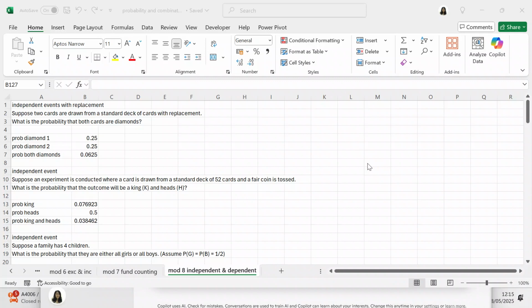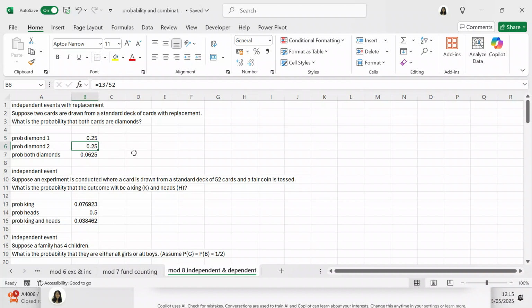So the first question we have is, suppose two cards are drawn from a standard deck of cards with replacement. What is the probability of both cards being diamonds? So you've got diamond 1, the probability is 13 over 52, which is 25%.